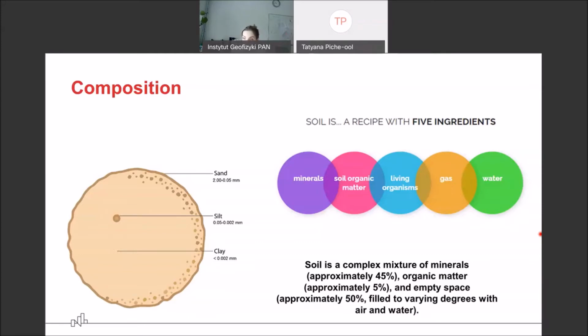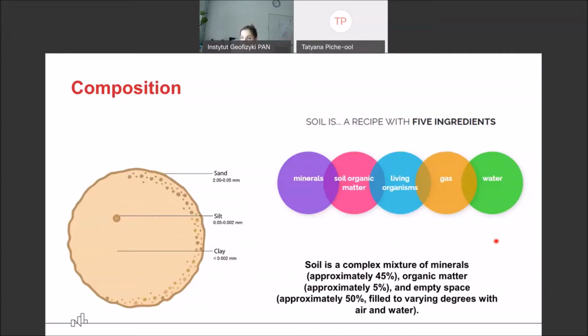So soil gases are the gases that are found in the airspace between soil components, and the primary soil gases are nitrogen, carbon dioxide, and oxygen.